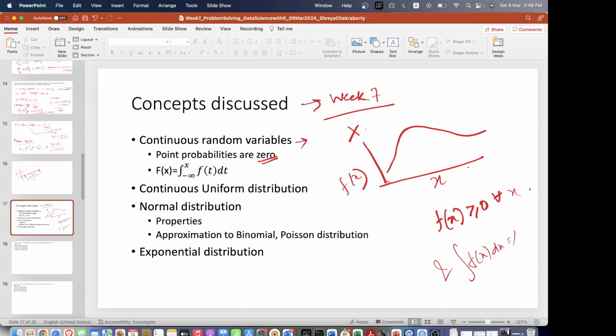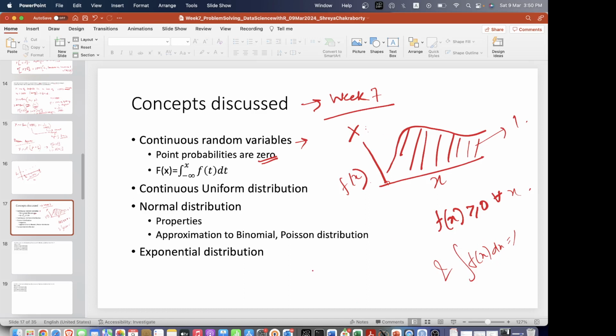So the total area under this curve should be 1. Whenever I am talking about probabilities, I am talking about area under the curve. So the total probability is 1.